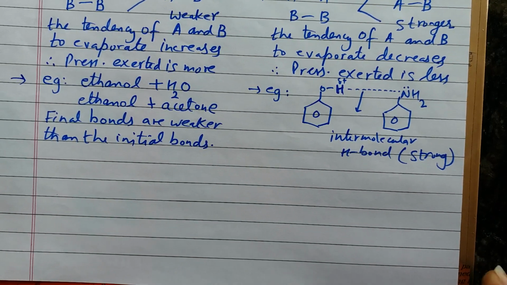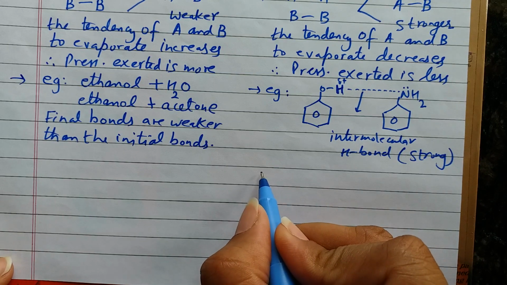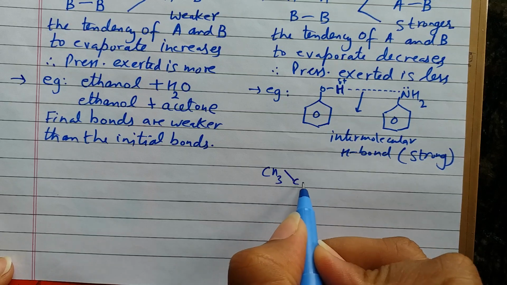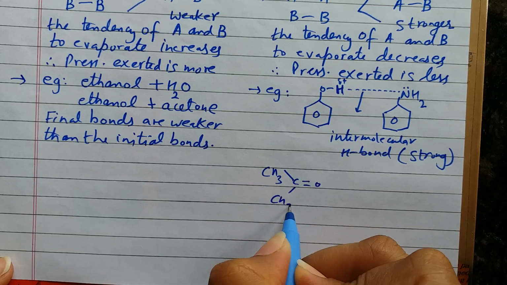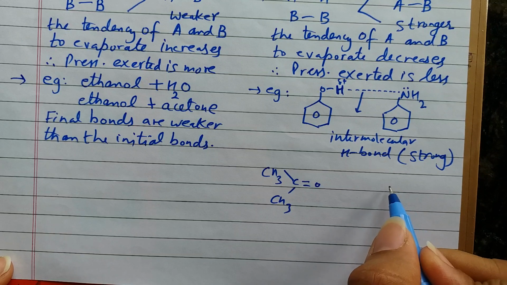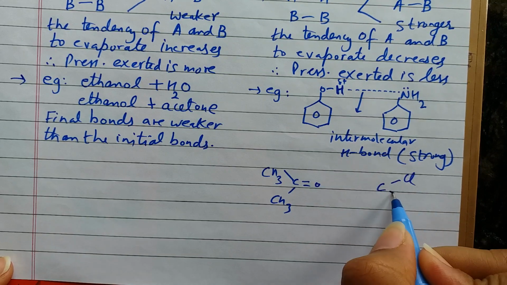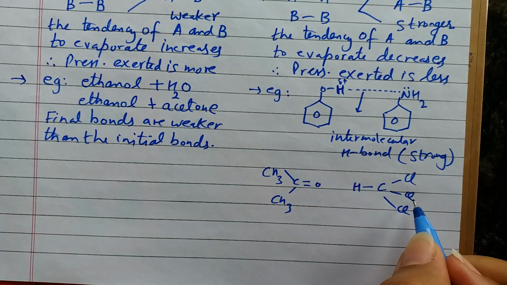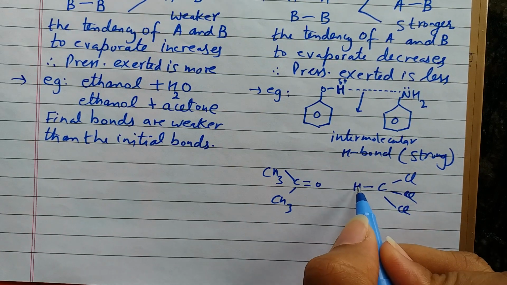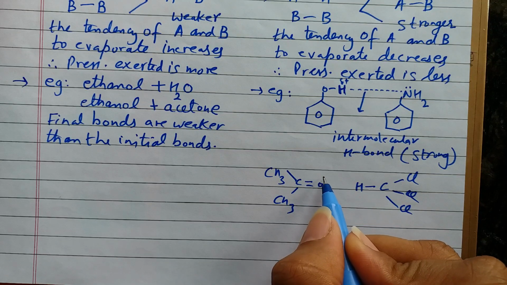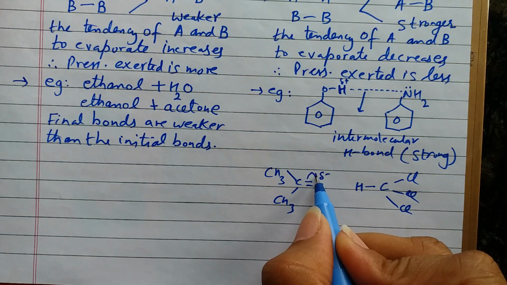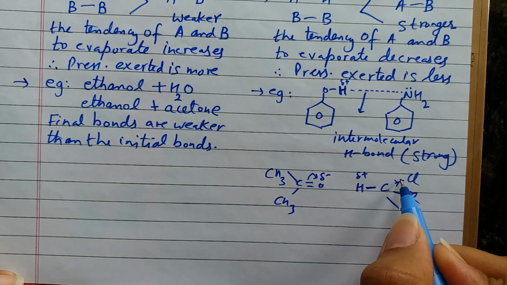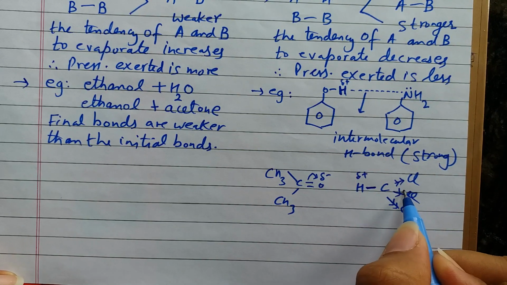One more example in negative deviation that you can consider is when acetone is mixed with chloroform. What is acetone? It's CH3, C double bond O, CH3, and when it is mixed with chloroform, which is CHCl3. Here also the oxygen takes up a partial negative charge, electrons shift here, and this hydrogen takes up a partial positive charge, because of the electron withdrawing nature of the chlorine atoms.